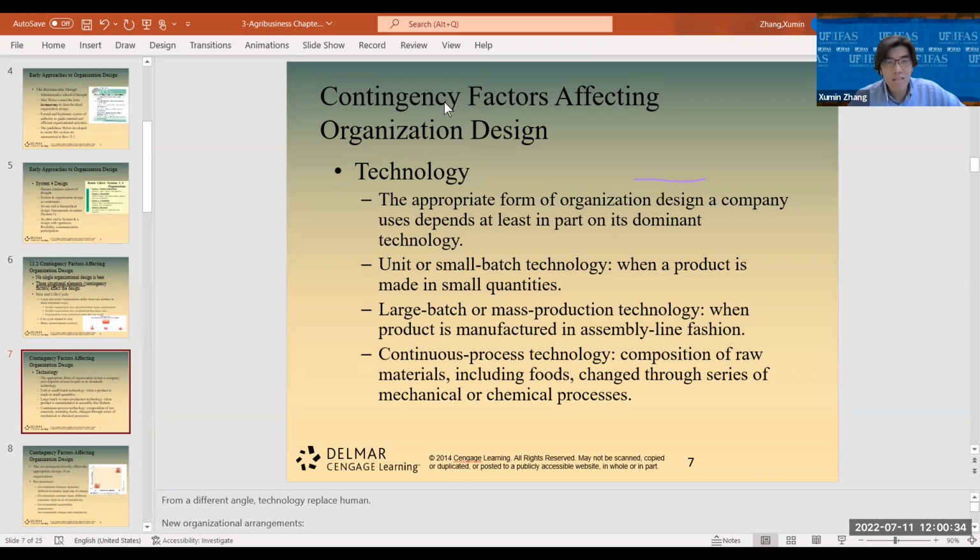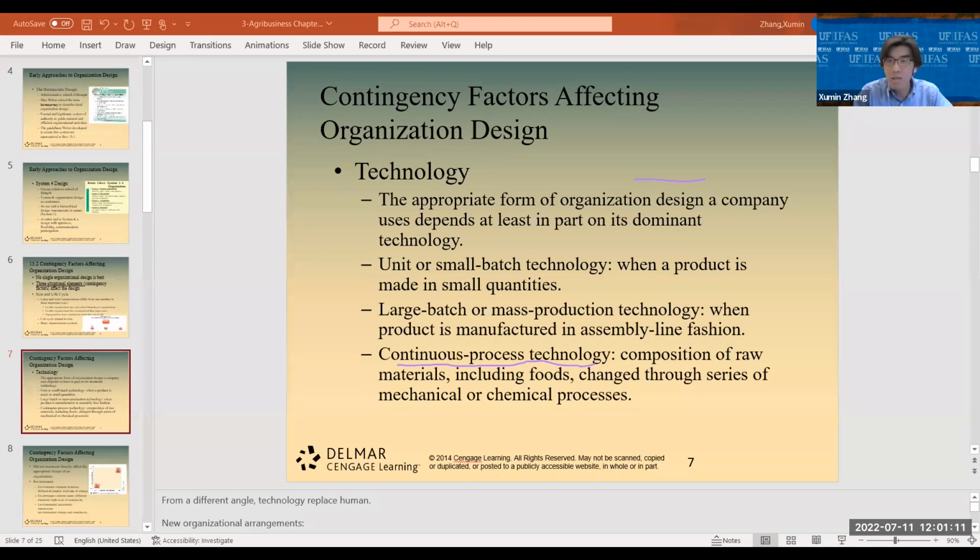There is a very special one, which we call continuous process technology. What does that mean? It is a long range, starting from the raw material through to the process, involving a very complicated process. Focus on the employee for research and development, because we want them to create new things, to be very flexible and creative.